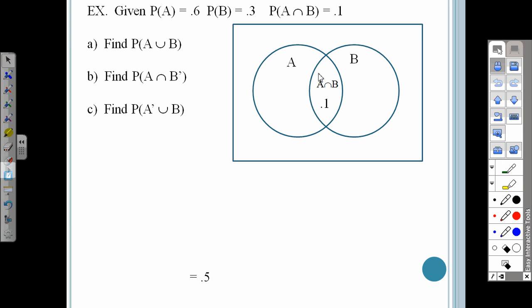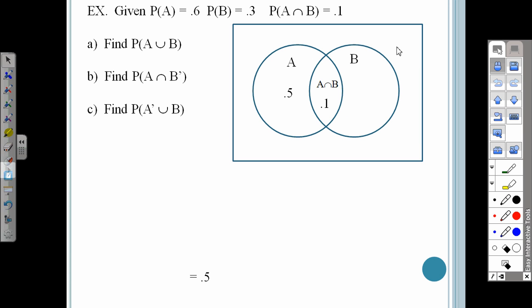Well, we already have 0.1 of that 0.6 taken up in this intersection. So the remaining part right here is going to be 0.6 minus the 0.1, so that's going to be 0.5. So the 0.5 plus the 0.1 should give us the 0.6 for the probability of A.